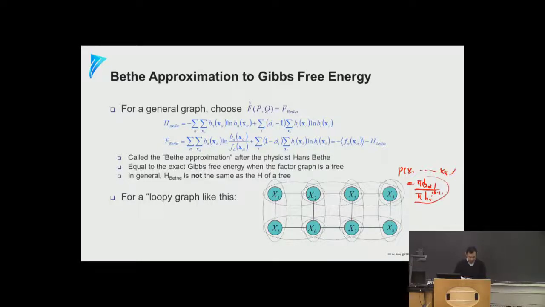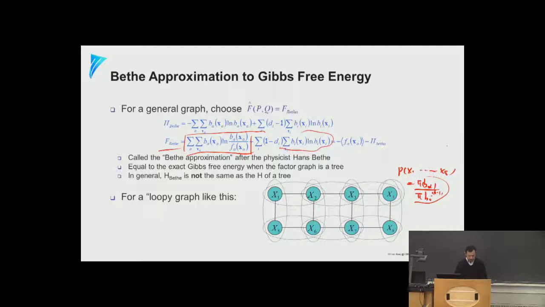But we can still define free energy, exactly using the formula as before. Basically the first part is the expected log ratio of the marginal divided by the factor, and here is 1 minus the degree times this singleton entropy function.